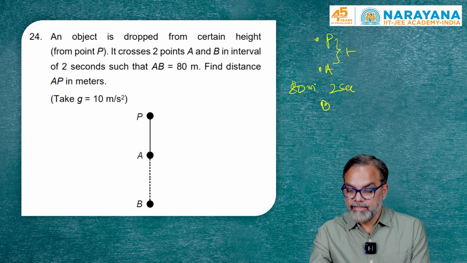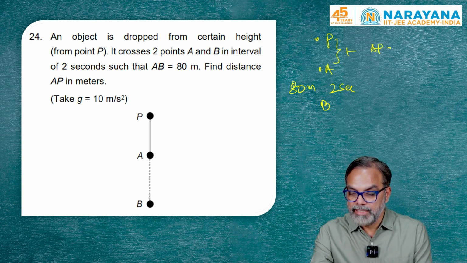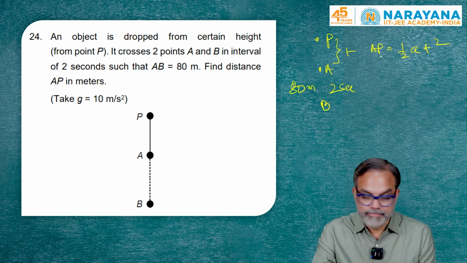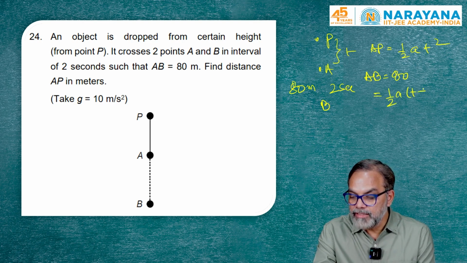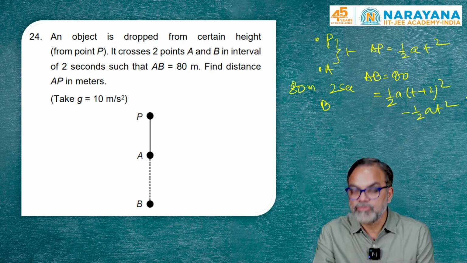So what I can write, AP as half A T square, and this PB. Or I can write AB, which is 80 meter, is half A T plus 2 square minus half A T square.